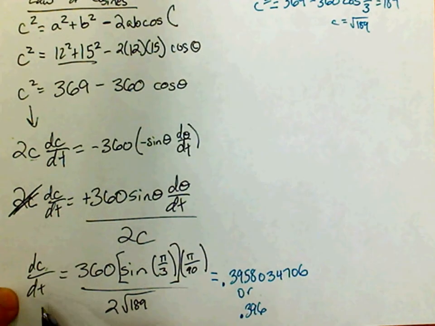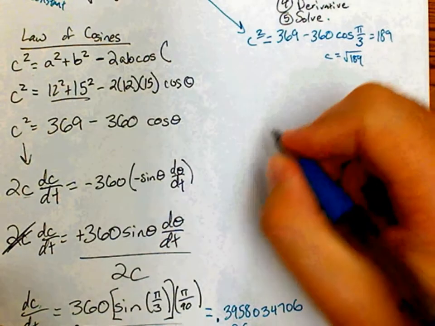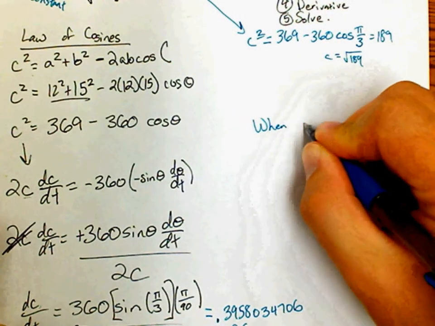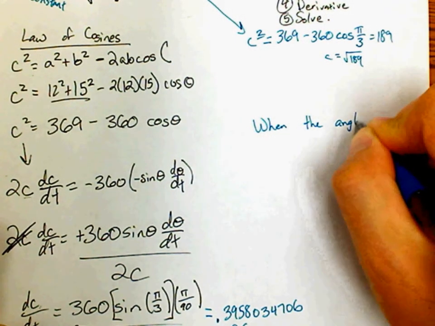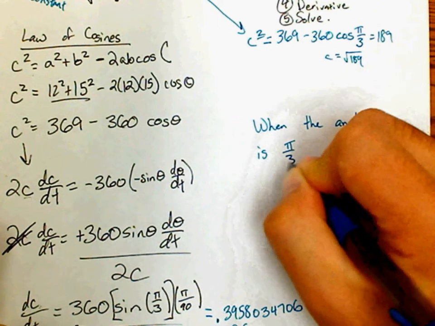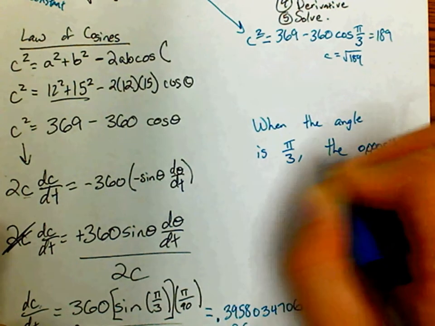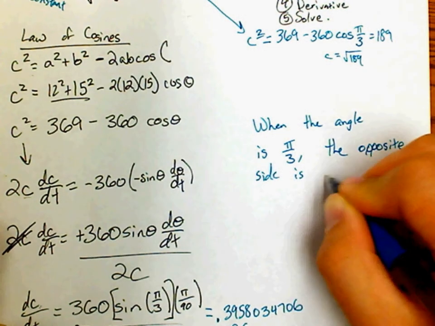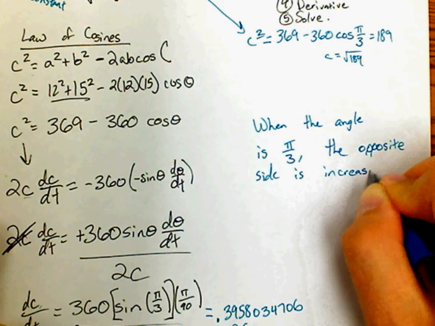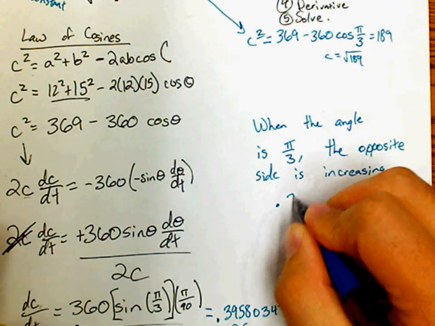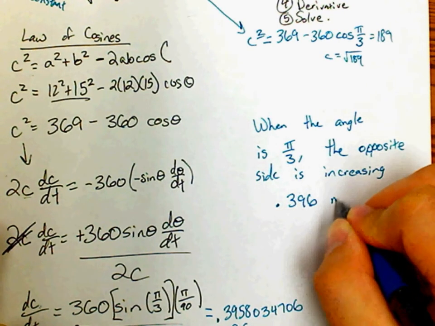So I'm going to have when the angle is pi over 3, the opposite side is increasing 0.396 meters per minute.